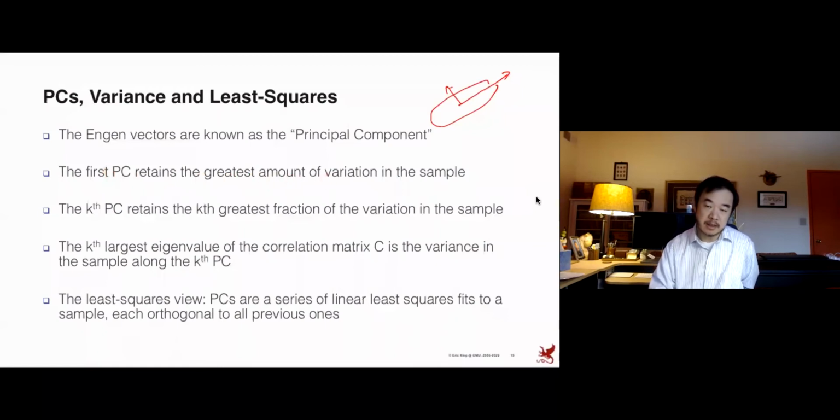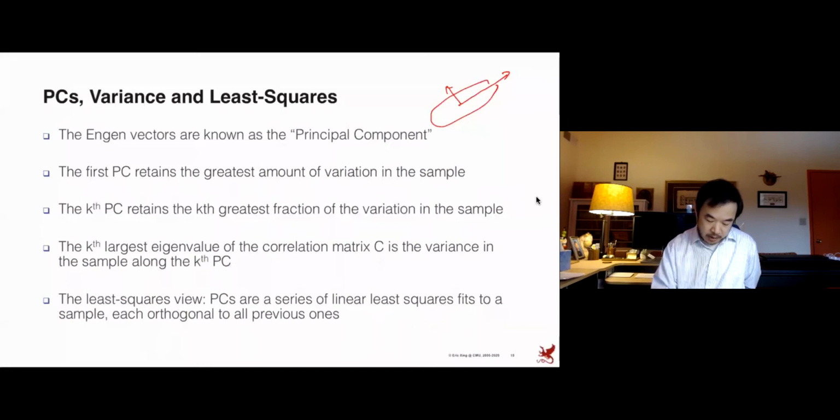The next PC carries the next greatest variance after the first one. Basically, when the first one is removed from the data, the second one will carry the biggest variance.